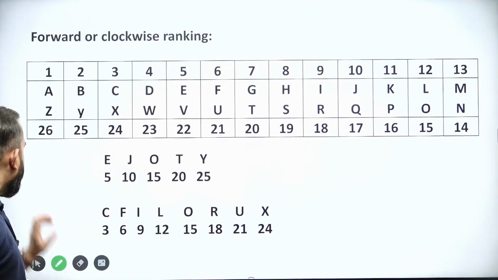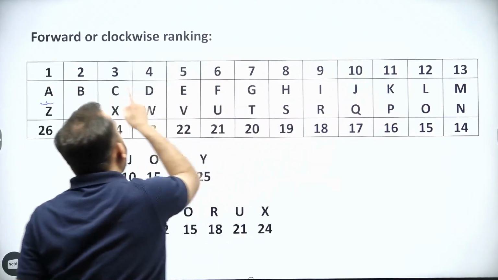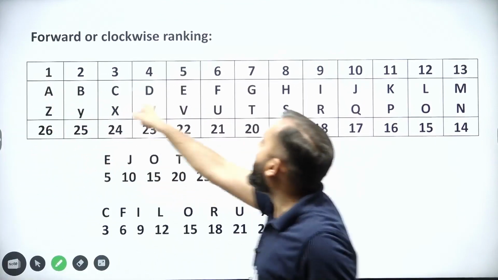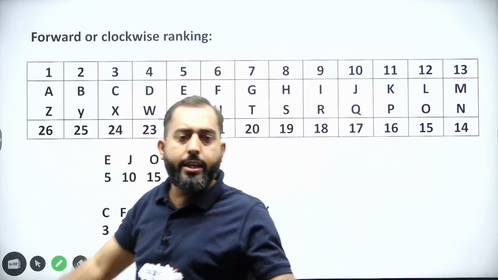So first of all, you have to write down all the alphabets like this: write A to M in one row and below that N to Z in the other row.